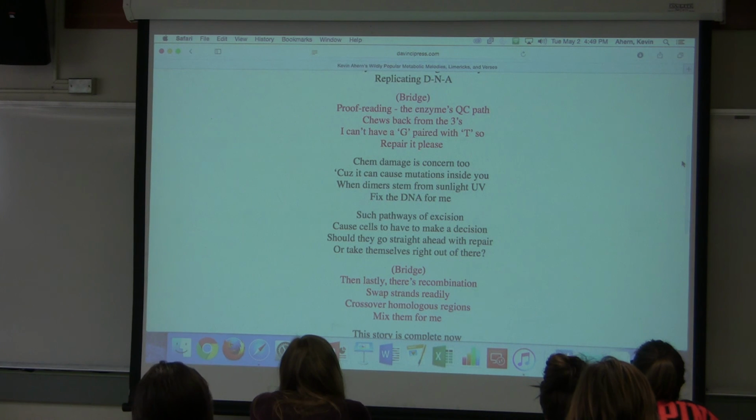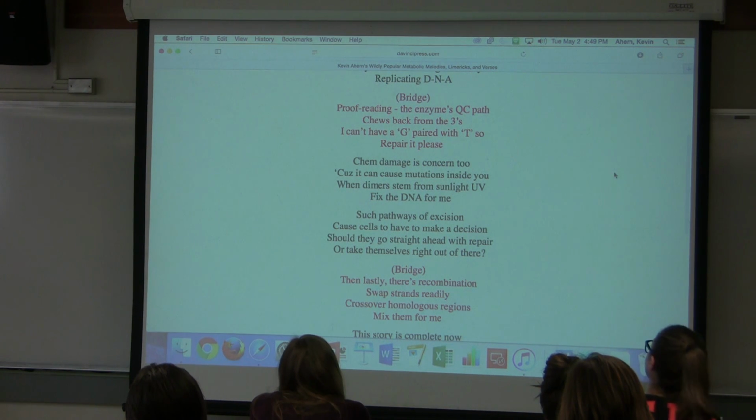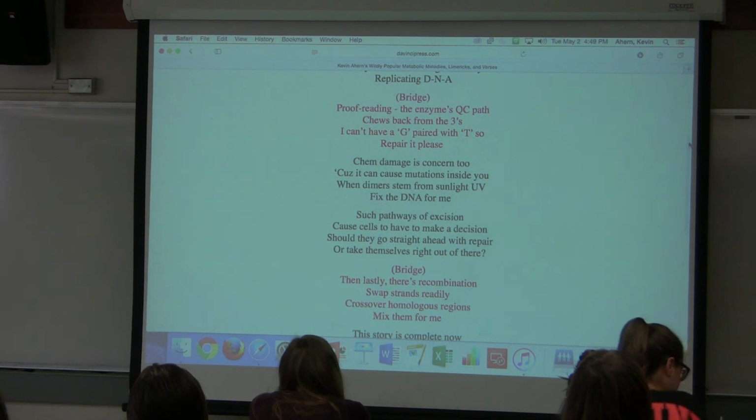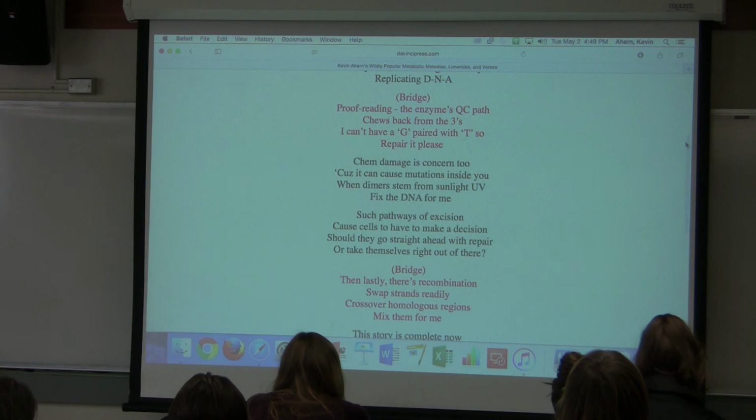Chem damage is concerned too, 'cause it can cause mutations inside you. When dimers stem from sunlight UV, fix the DNA for me. Such pathways of excision cause cells to have to make a decision.